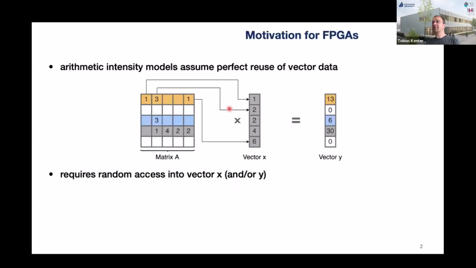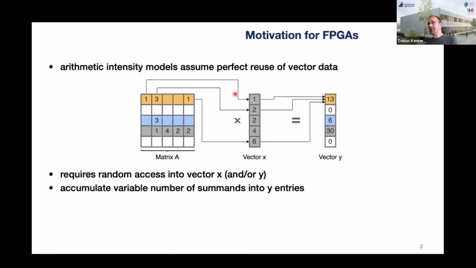And that is not extremely trivial. First of all, we need random access into the vector X, illustrated here. Secondly, we also have the problem that a previously unknown, data-dependent number of partial results need to be accumulated into a single result entry.